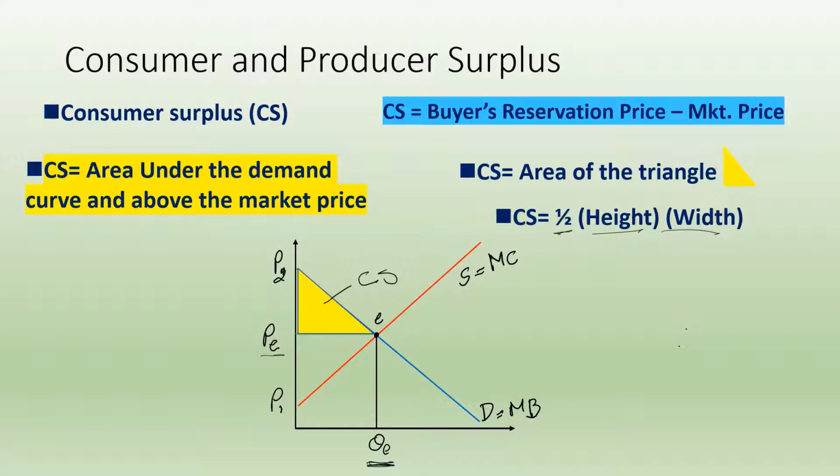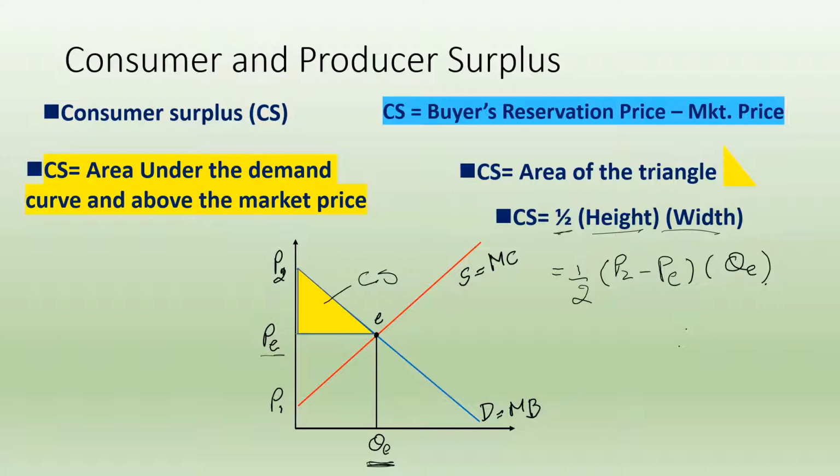So in this case, the height of this triangle is equal to the difference P2 minus PE, and the width is equal to QE. Basically it is QE minus 0.